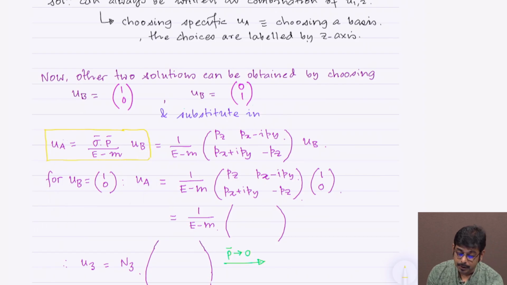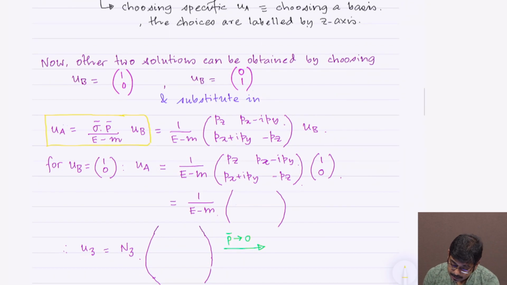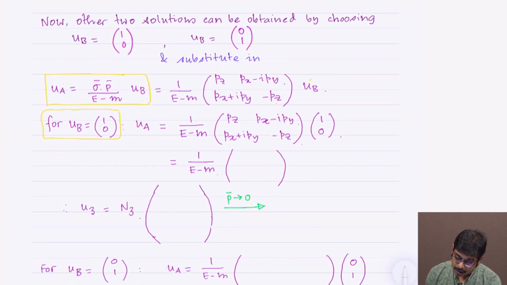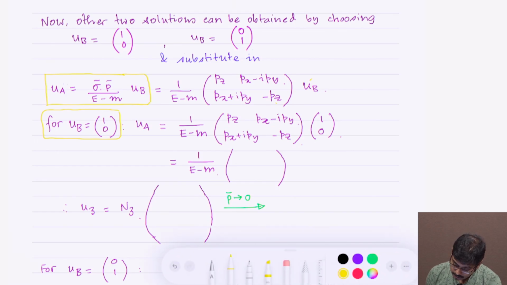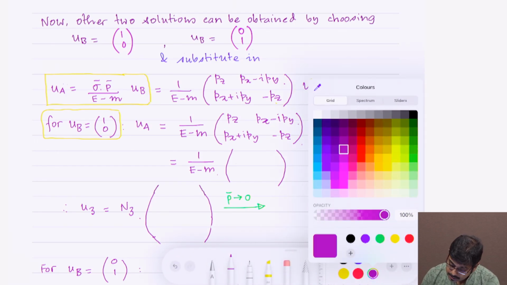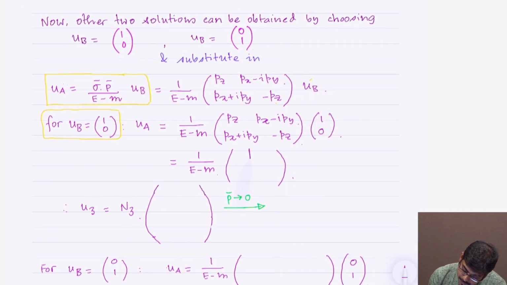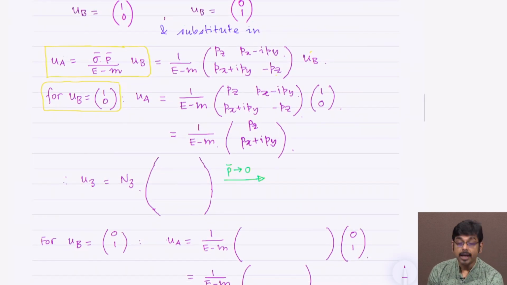We are using sigma dot p, which is p z, p x minus I p y, p x plus I p y, minus p z, into u b, and let us put u b equal to 1 0 first. For that u a is just the matrix multiplication of this. Let us do this calculation very quickly. This is going to give you p z and then p x plus I p y, correct.